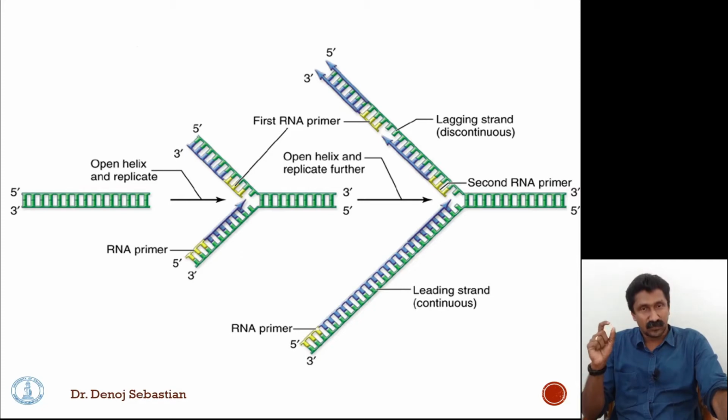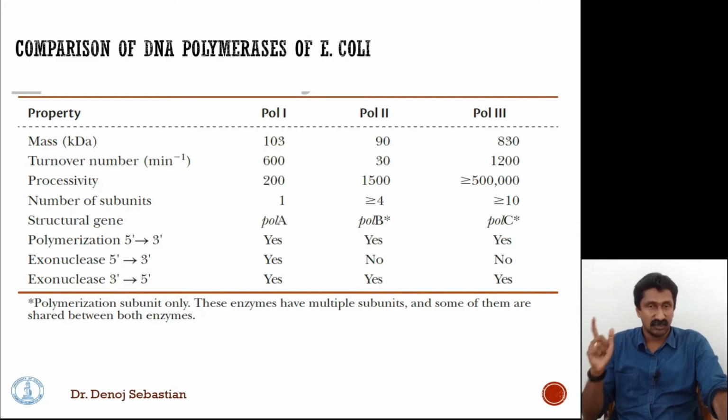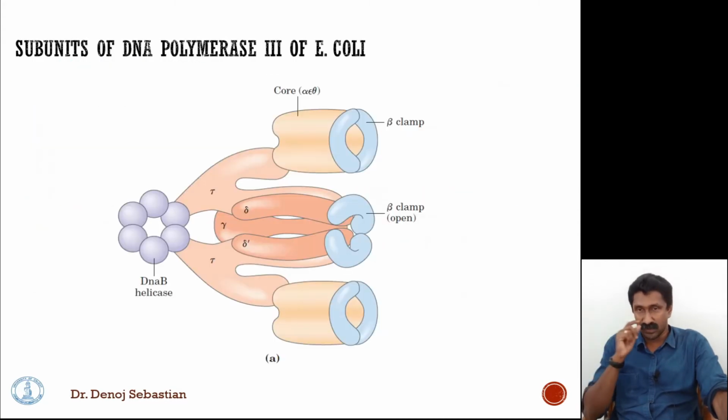For copying the lagging strand, the replisome complex will not move backward. The DNA polymerase complex, that is the replisome complex, moves in one direction, and during that unidirectional movement, both the strands will be copied simultaneously. We will see how it is done.